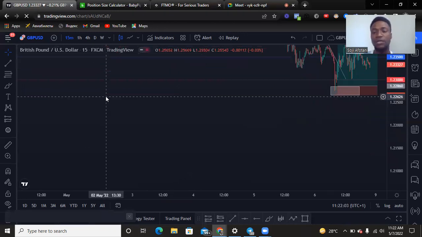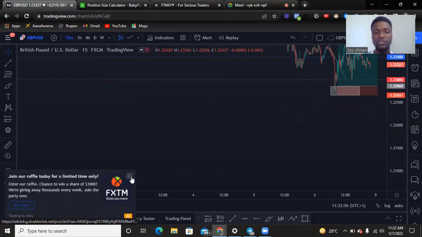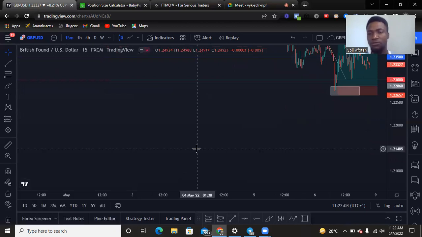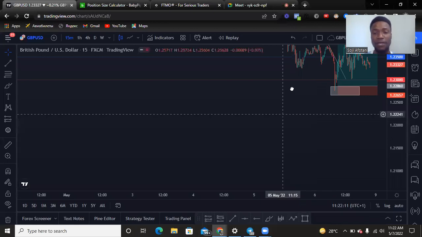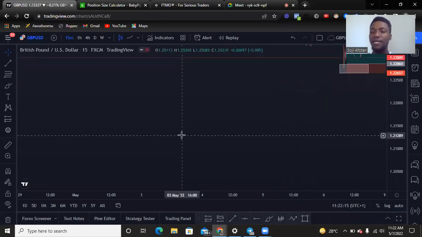As I said, double tops and double bottoms are both reversal patterns. They signify a change in trend or an end to a current trend.